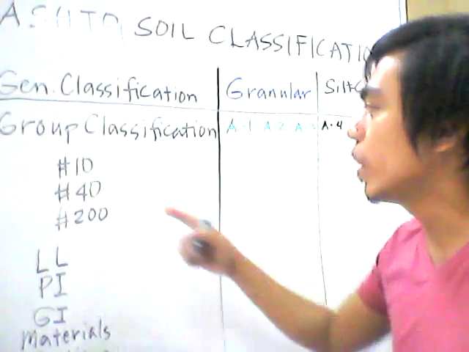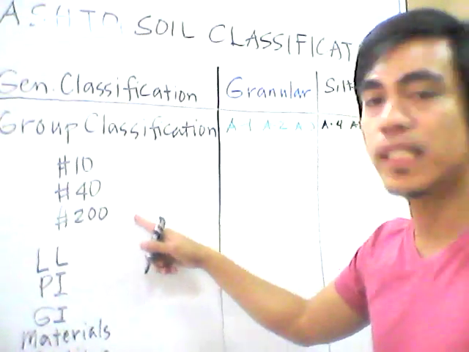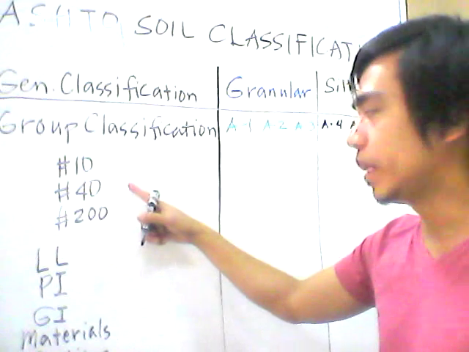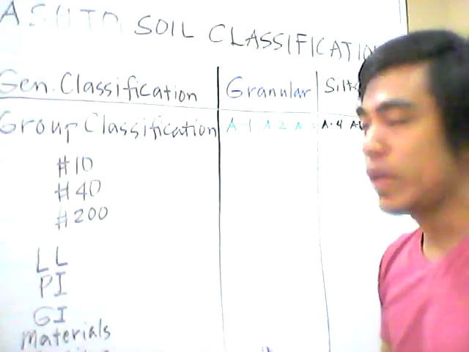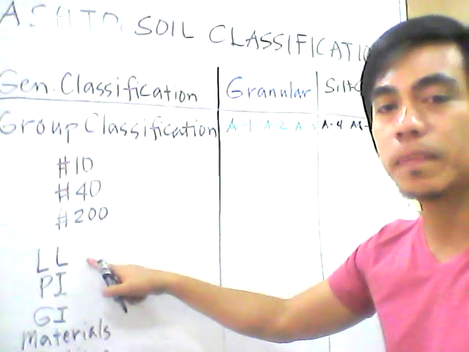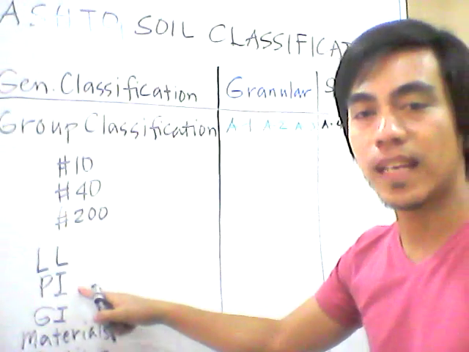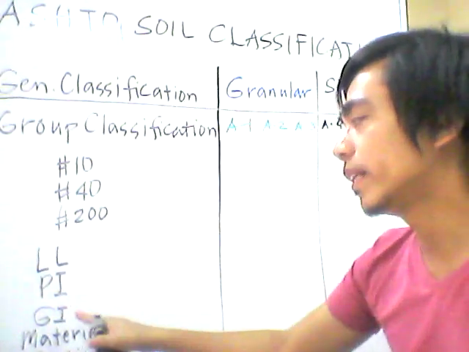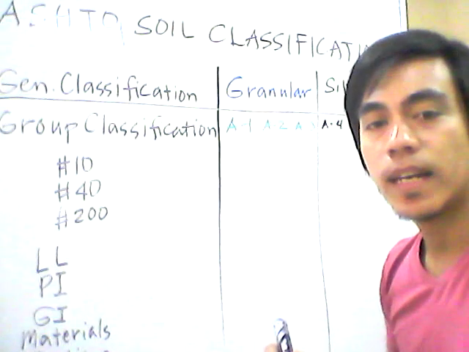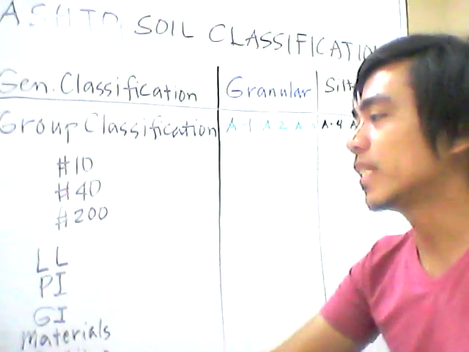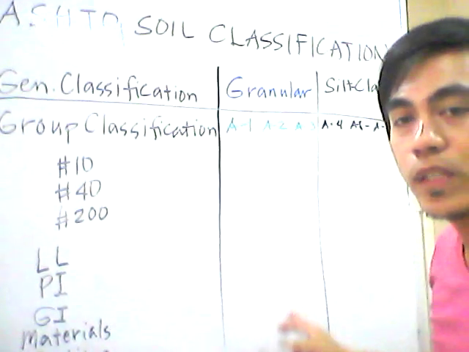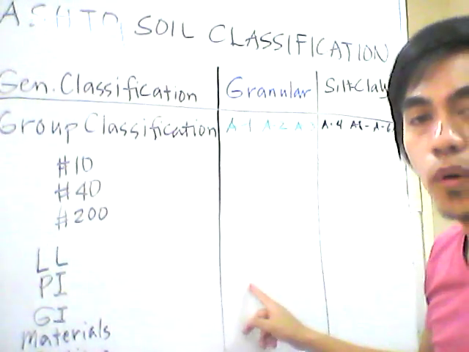The next is we must have data from sieve analysis, the percent passing number 10, number 40, and number 200. And then we should have data from the Atterberg limits test. We have the liquid limit in percent and the plasticity index. And from that, we can determine the group index of each sample. Group index indicates whether the group or subgroup classification is good or poor.